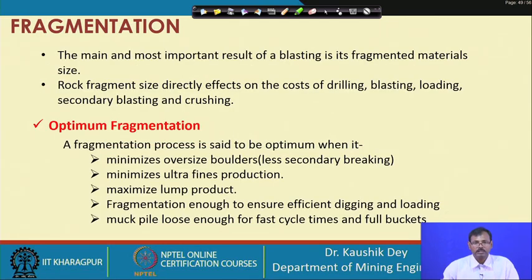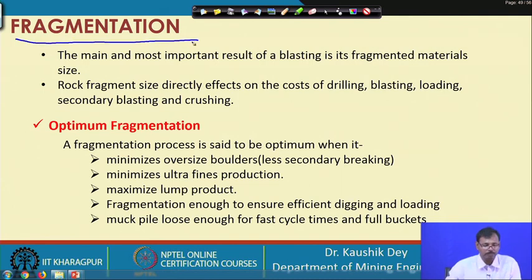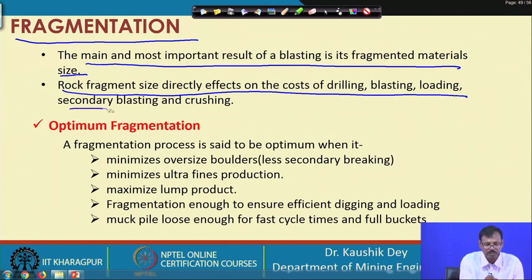The next influencing parameter is fragmentation, which is basically our prime objective. The prime objective of blasting is fragmentation, and the most important result of a blasting is its fragment size. Rock fragment size directly affects the cost of drilling, blasting, loading, secondary blasting and crushing.